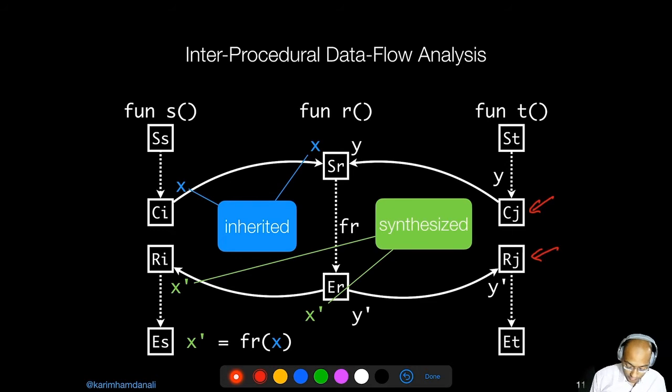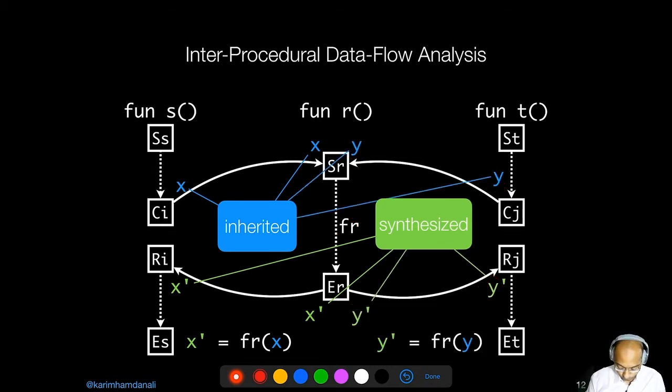We're going to connect E_R to R_J, and the idea now is if you pass a different value y from that call site, you're going to get back y prime, which is the result of applying the same function f_R, but to a different argument y. So now y prime will be the application of the function f_R onto y.